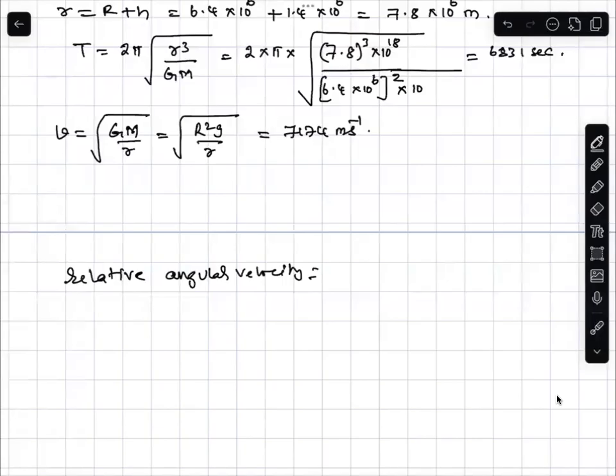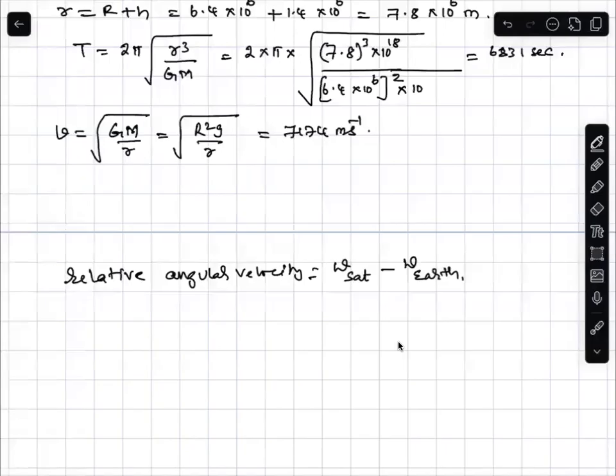Obviously the time period of earth is high when compared to the time period of the satellite. Omega earth will be relatively slower when compared to omega satellite. So omega satellite minus omega earth is the relative angular velocity you need to take.